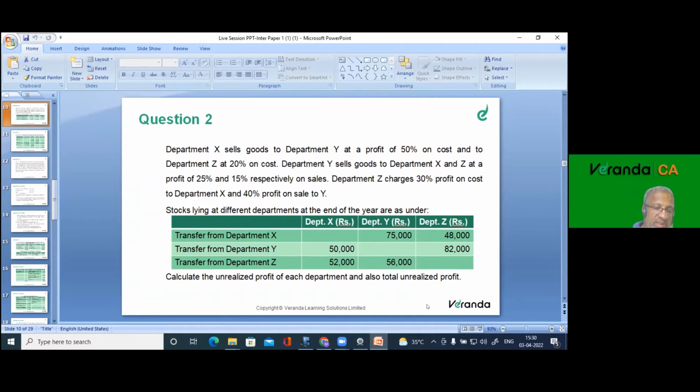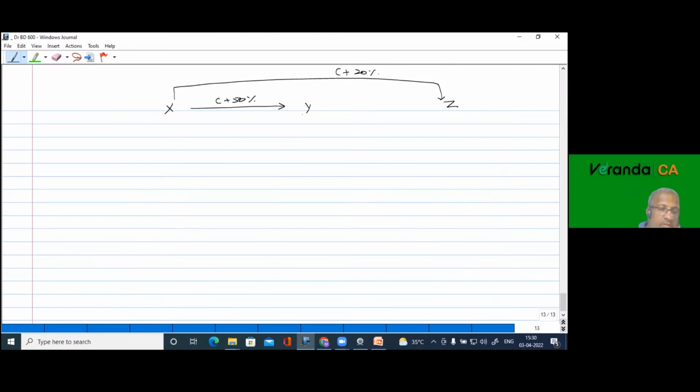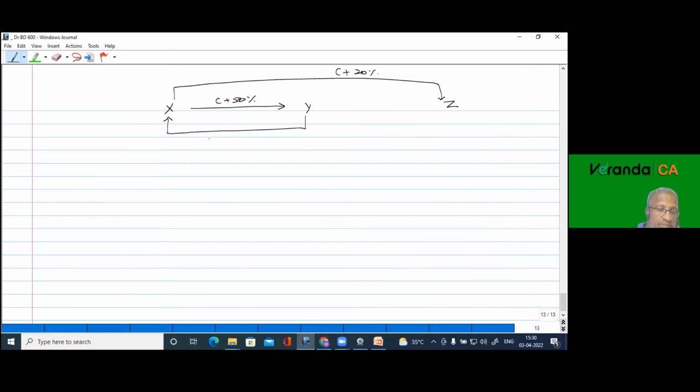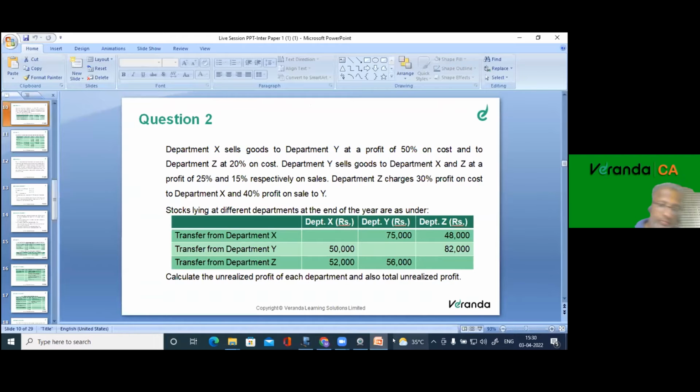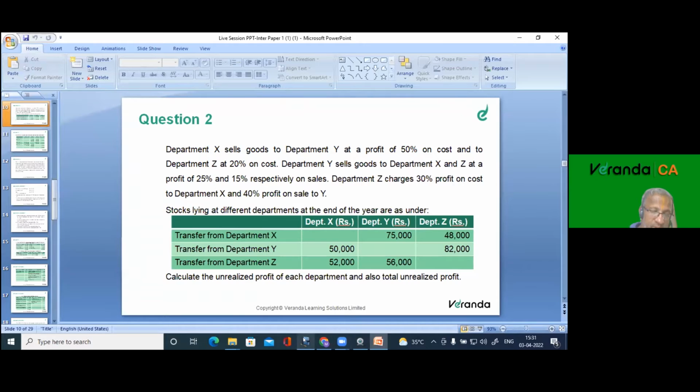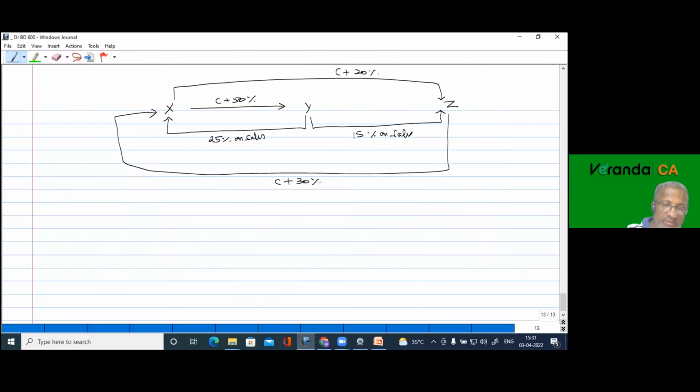Y to X, 25% on sales. Y to Z, 15%. Z to X, 30%, cost plus 30%. And Z to Y, 40% is on sales.